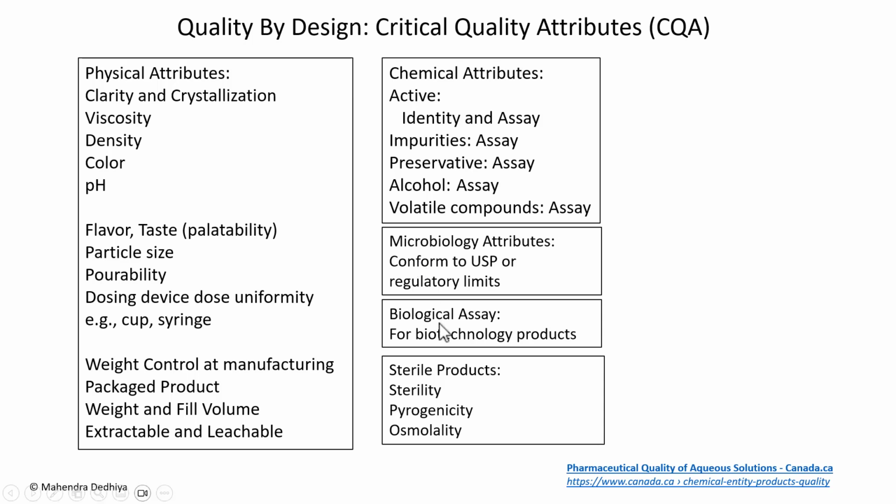Biological assay: for biological products, there are other assays we need to make sure are acceptable. Sterile products: sterility, pyrogenicity, and osmolality, and many of these could be critical quality attributes, again depending on the product and formulation. During the development, minimize critical quality attributes.